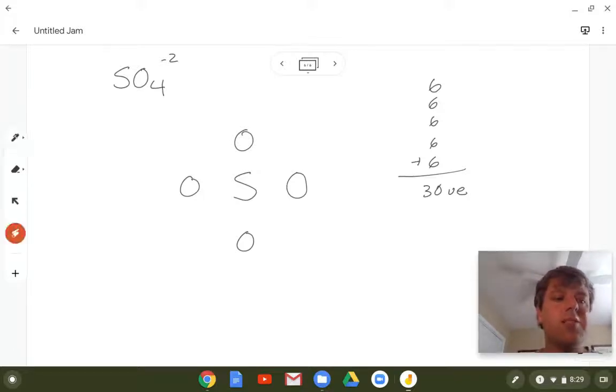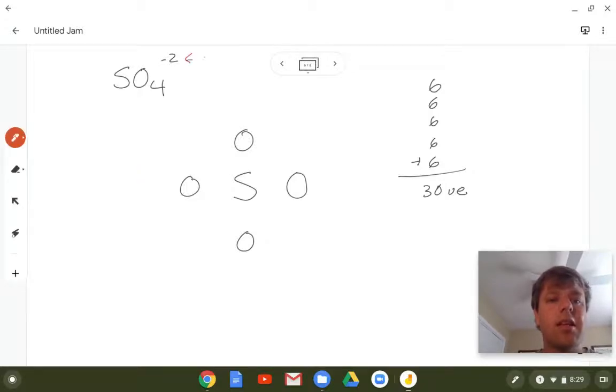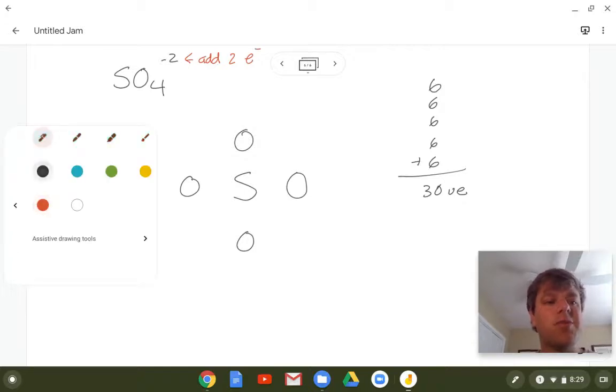We need to address this -2. What that -2 means is that we have added 2 electrons. Because electrons, if you'll remember, are negatively charged.